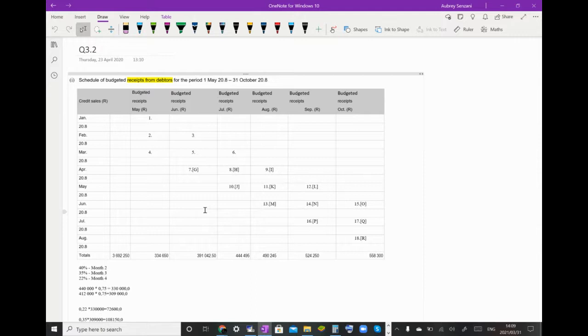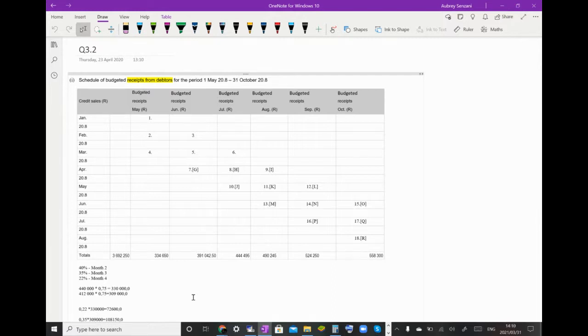We have the budgeted total sales and the budgeted total purchases. Then it tells us that 75% of all sales are on credit. We need to take note of that so that we can calculate how much credit sales actually took place in each respective month.